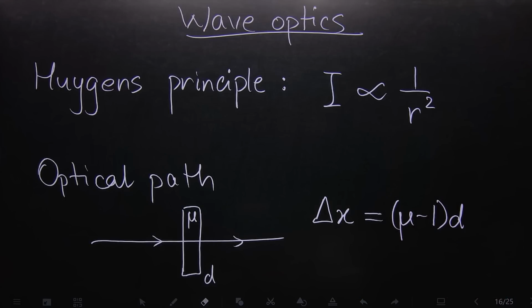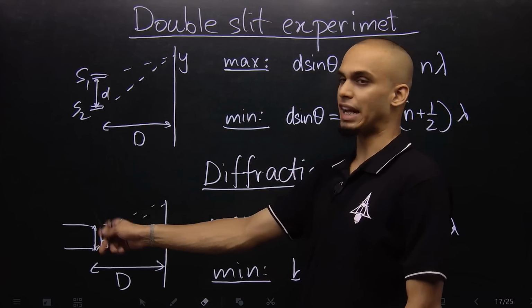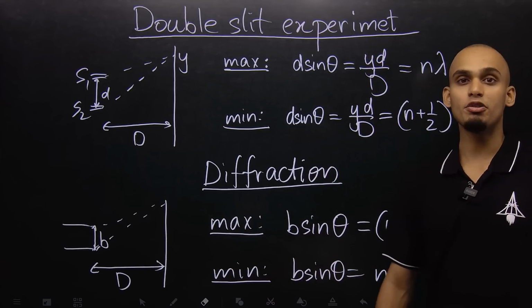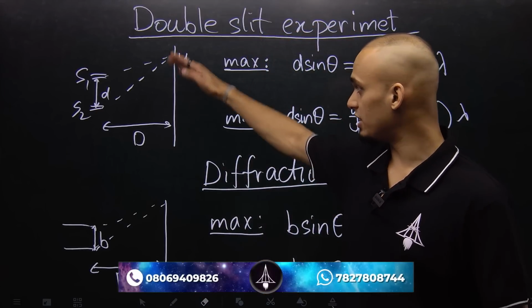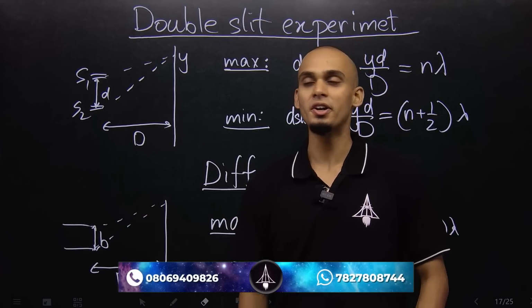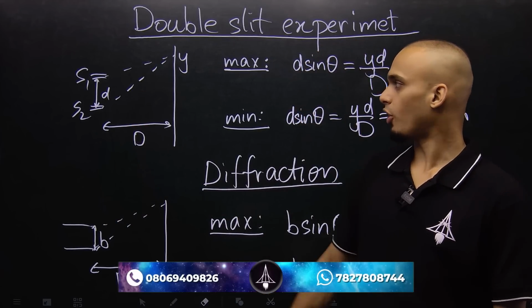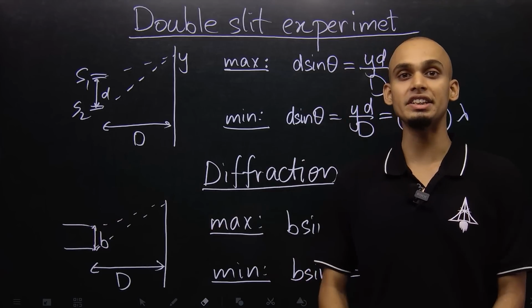You will need to apply these concepts to solve questions from double slit experiment, diffraction, etc. Again, for simple condition of double slit experiment and diffraction, you need to keep in mind the conditions for maxima and minima. If you are given non-trivial problems, that is, let's say the setup is immersed in water, or only half the setup is immersed in water, or let's say a glass slab is kept in front of some source, or let's say there's only one source and a mirror which reflects and causes interference.